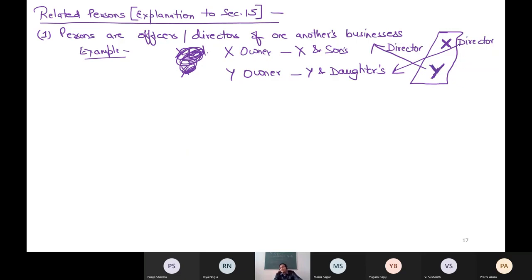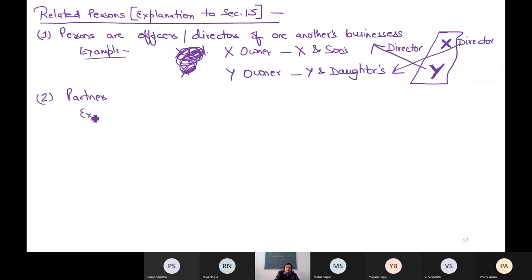So whenever anything happens between X and Y, as far as supply of goods and services is concerned, even without consideration, but in the nature of business, it has to be treated as supply. This is my first point. Second point was when these are partners.